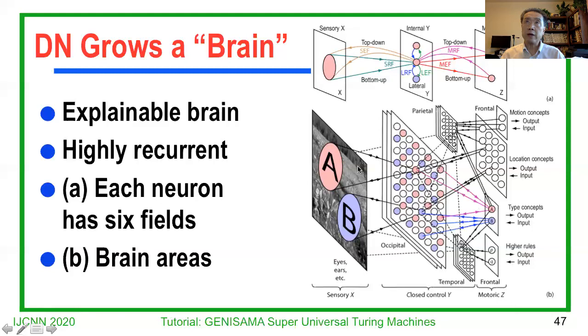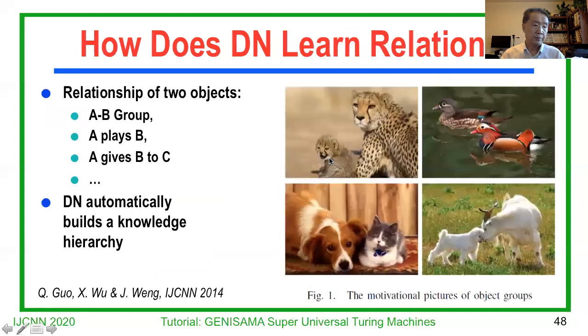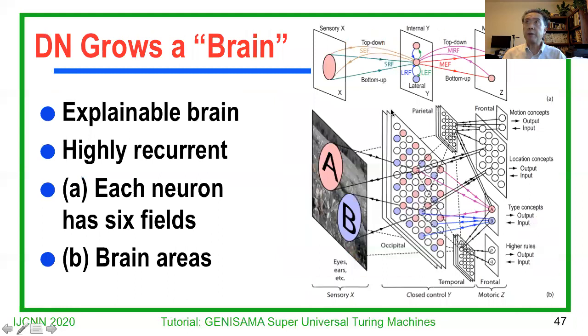So there's invariance in terms of many parameters like location, type, lighting, and so on. Lighting is like you have object A at this location, with different lighting, and you need more neurons to memorize or detect the lighting pattern. How does DN learn relations? Now you have type, right? Still pattern recognition. How do you do the relation?